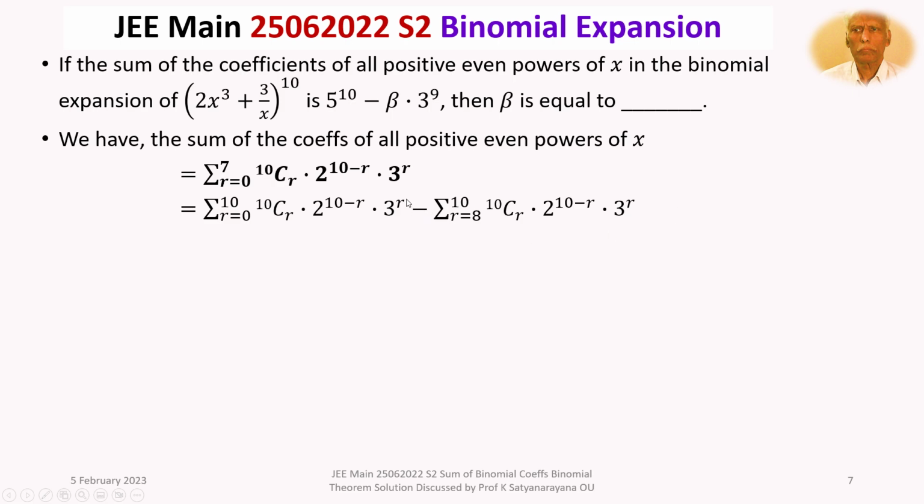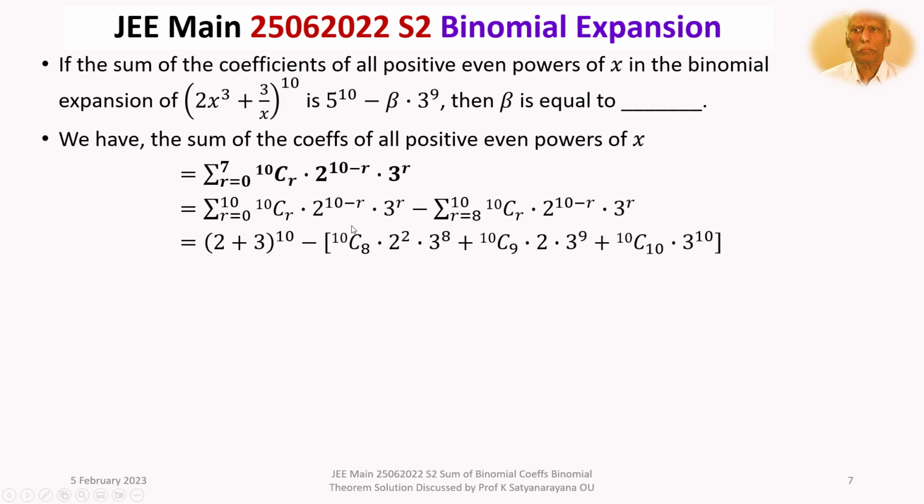Agreed. But what is this? This is the binomial expansion for (2 plus 3) to the power of 10. So that is (2 plus 3) to the power of 10 minus this one.